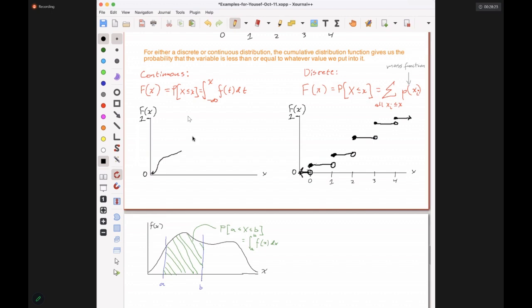And then, okay, we're going up increasingly steeply up until that peak there.